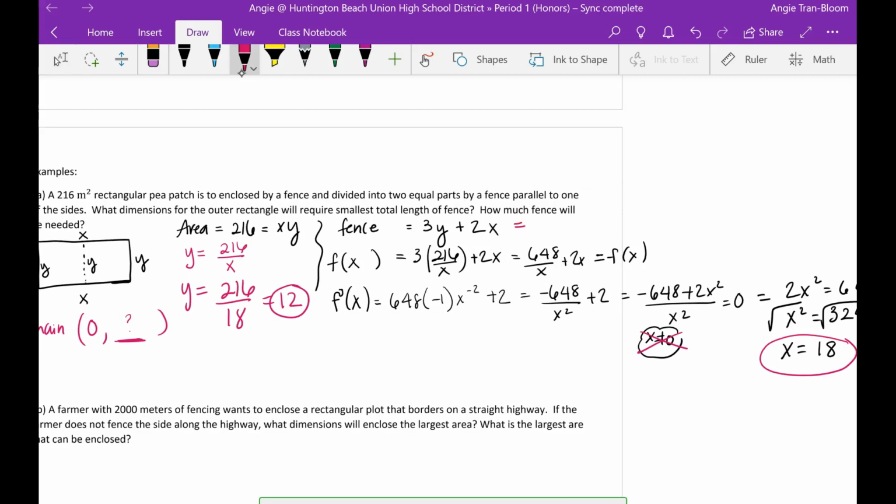So let's plug it in. Every time I see a y, I'm going to plug in 12. Every time I see an x, I'm going to plug in 18. Work that number out for me, please. How much fencing would I need? What is it? 72 meters total? Okay. All right. So let's write our answer right here on the bottom.